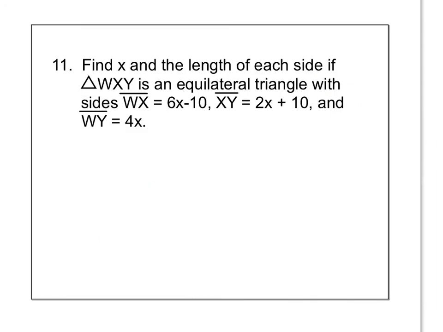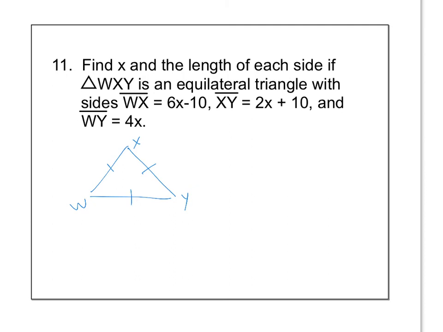Last one. Please pause the video, read the question, and try to draw the picture. It says WXY is an equilateral triangle, so I can put a tick mark on each side.